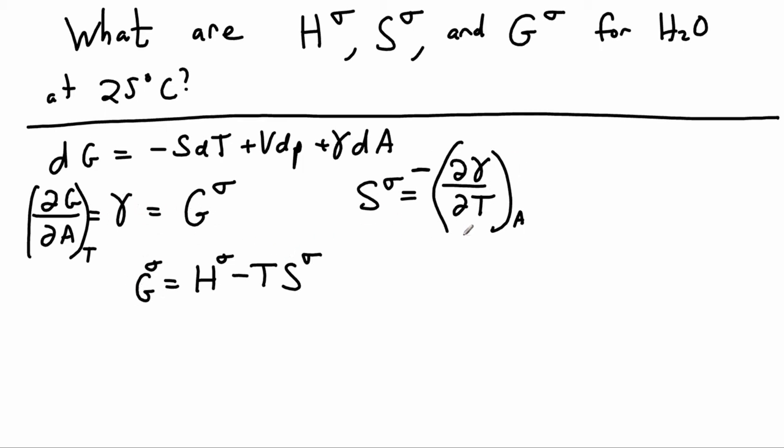If we have how the surface tension varies with temperature, we have S sigma, which means we can solve for H sigma. And that's assuming that these two parts are approximately constant over a relatively small temperature range. So we can write that the surface enthalpy is just going to be the surface Gibbs energy plus the temperature times the surface entropy.